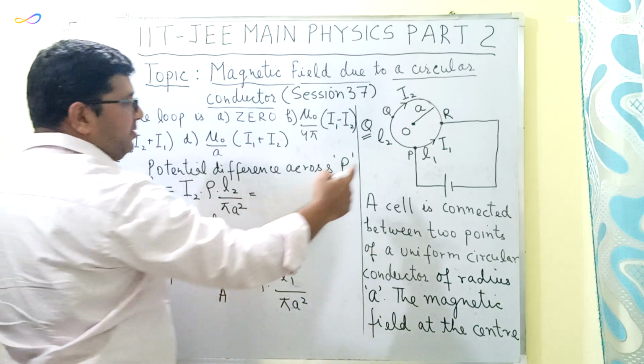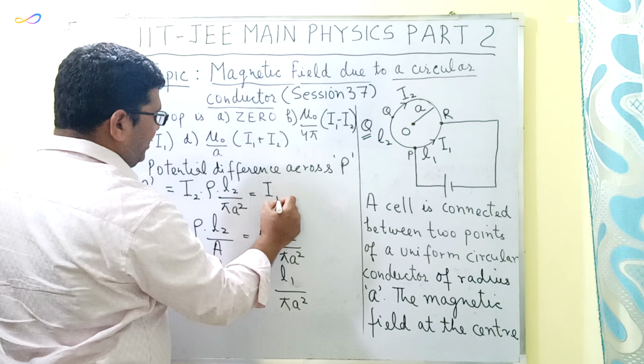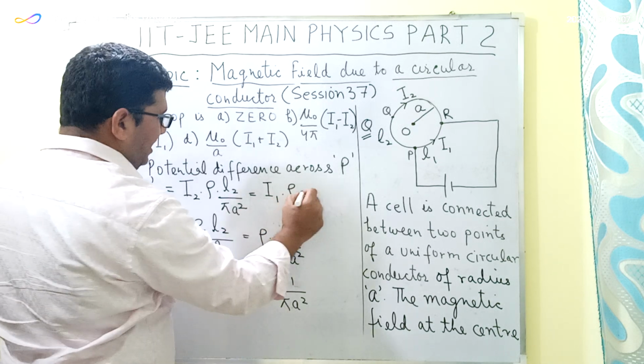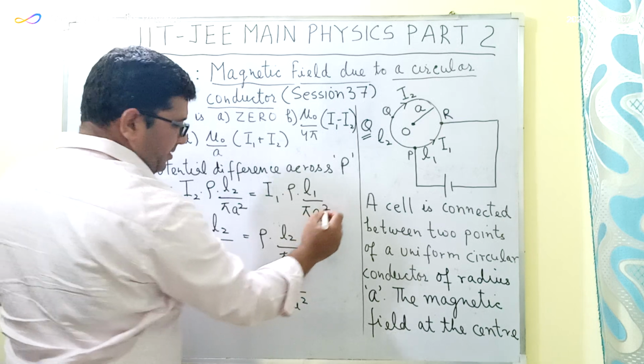And if I consider the arc PR, it will be equal to I1 into rho into L1 divided by pi A square.